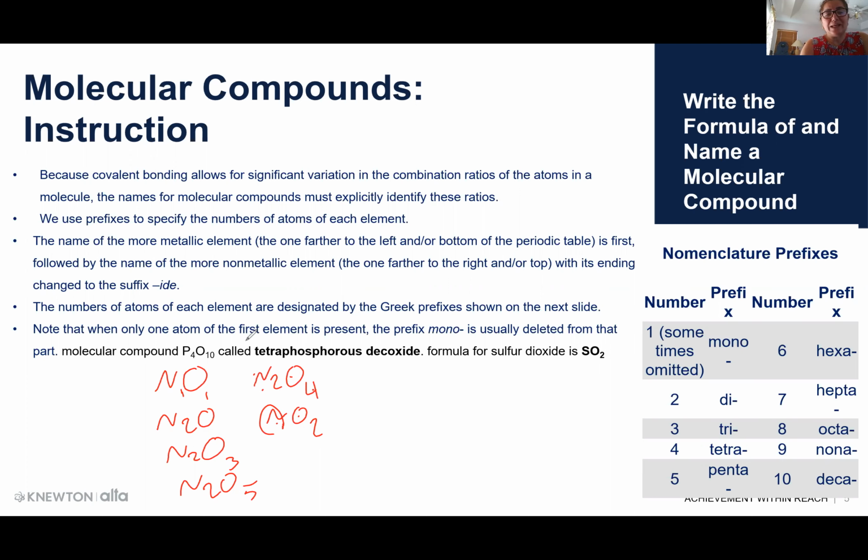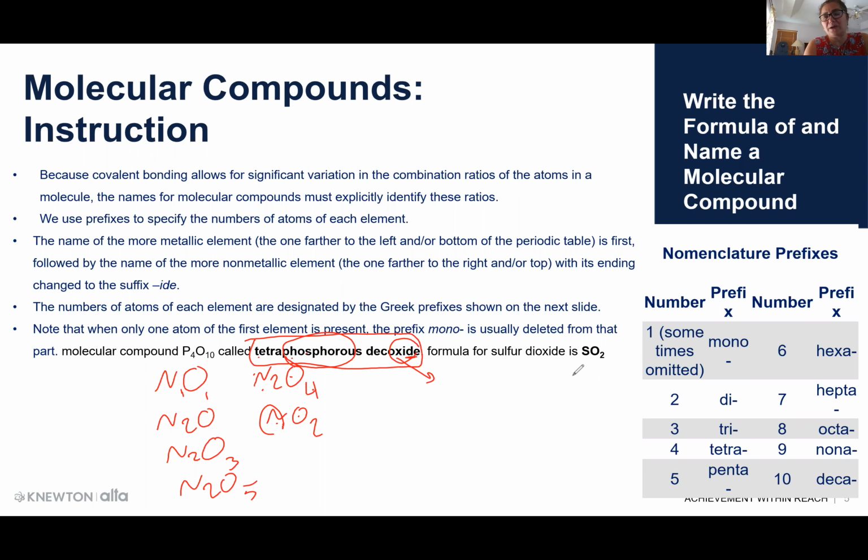Now, if the name is given and you want to write the formula, you find what the elements are. We have phosphorus and oxygen, and the IDE ending is just the two types of elements that you have in there. How many phosphorus? 4, and how many oxide? 10. You write the one with the lower electronegativity first. In an ionic compound, you write the metal first.